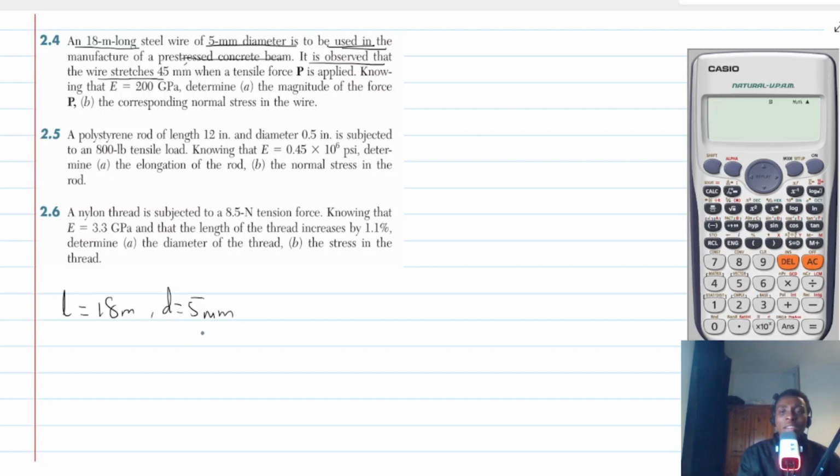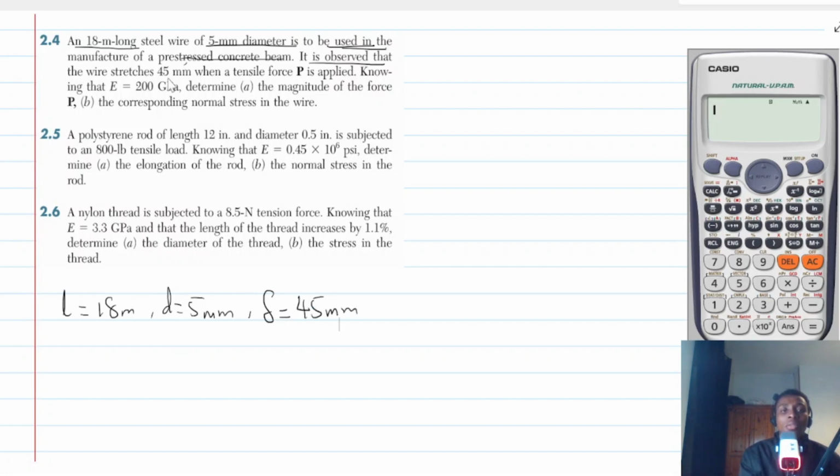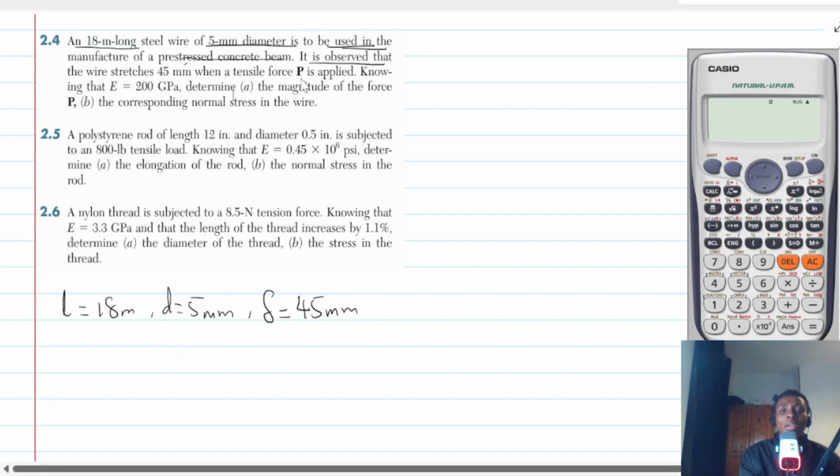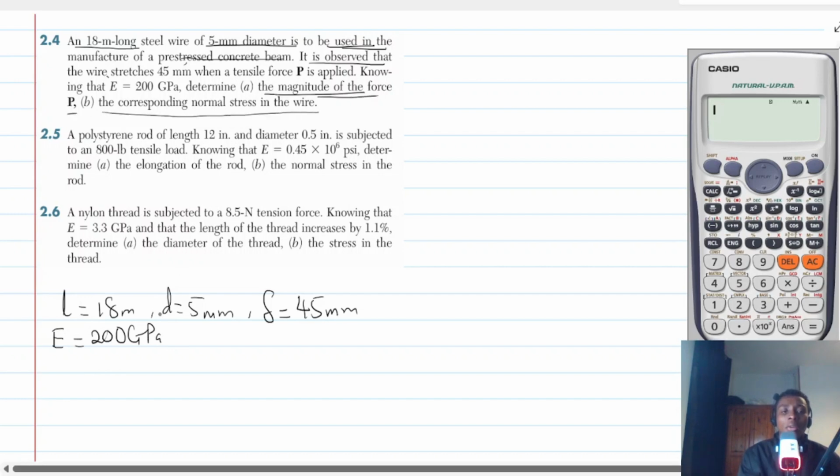When you hear stretches, it means he's talking about the elongation, which is 45 millimeters. Now when a tensile force P is applied, knowing that E is 200 gigapascal, we should find the magnitude of P and the corresponding normal stress in the wire.